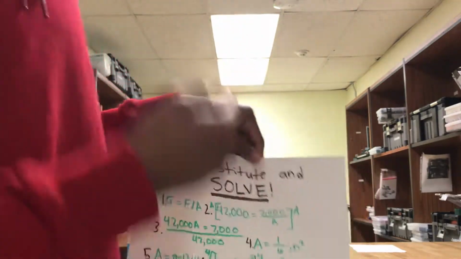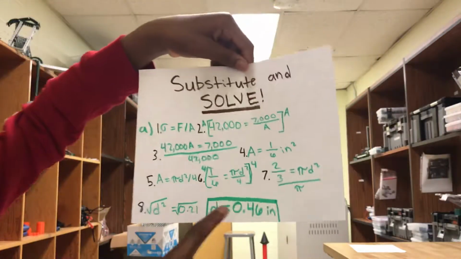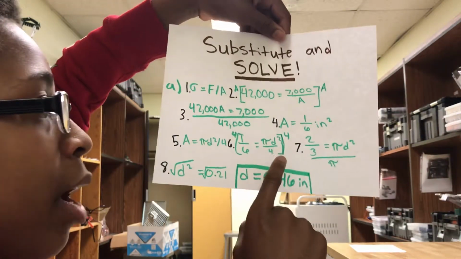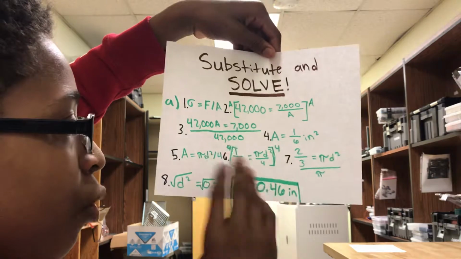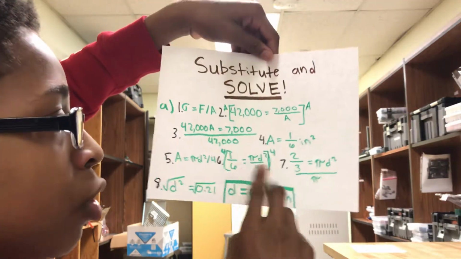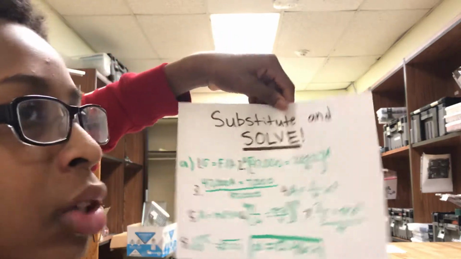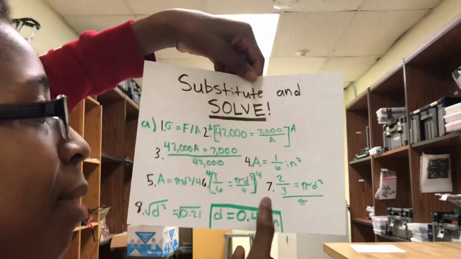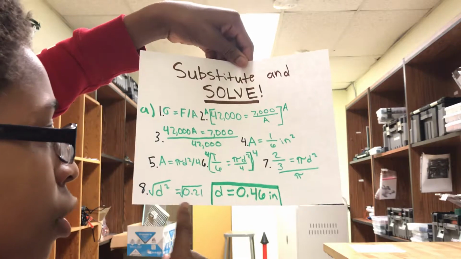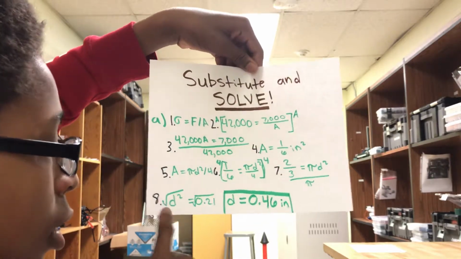Now as we did in step 2, we must divide by the denominator, which is 4. So we're going to have 4 multiplied on both sides, which gives us 2/3 equal to pi times the diameter squared. Now, to isolate the variable, we must divide by pi, giving us 0.21 inches equal to diameter squared.